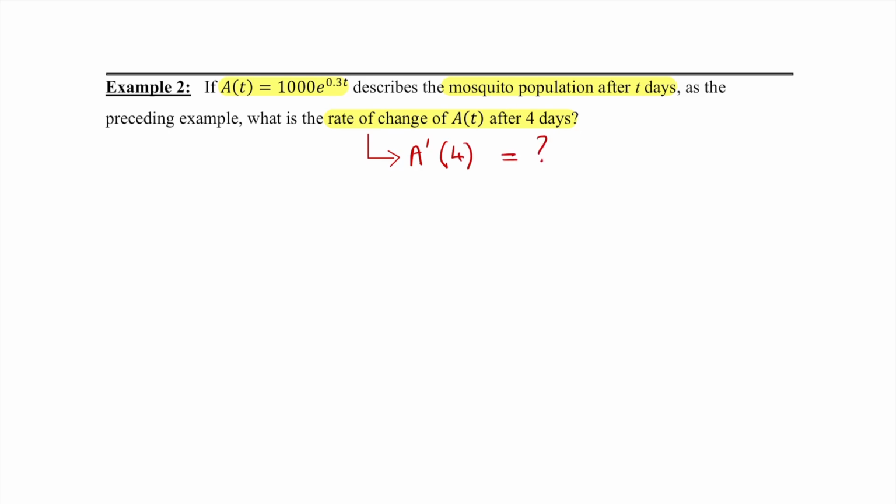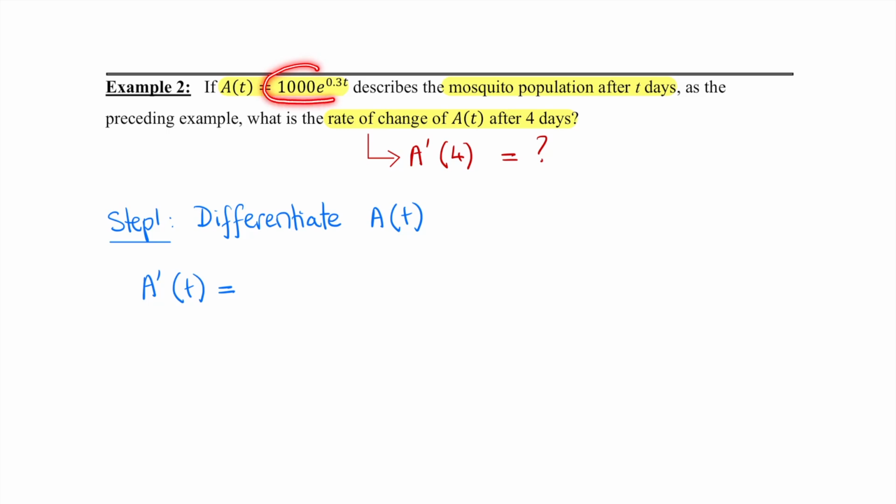Step 1, we need to differentiate A of t. A of t is 1000 times e to the 0.3t. First, we keep the constant, and then we differentiate e to the 0.3t.